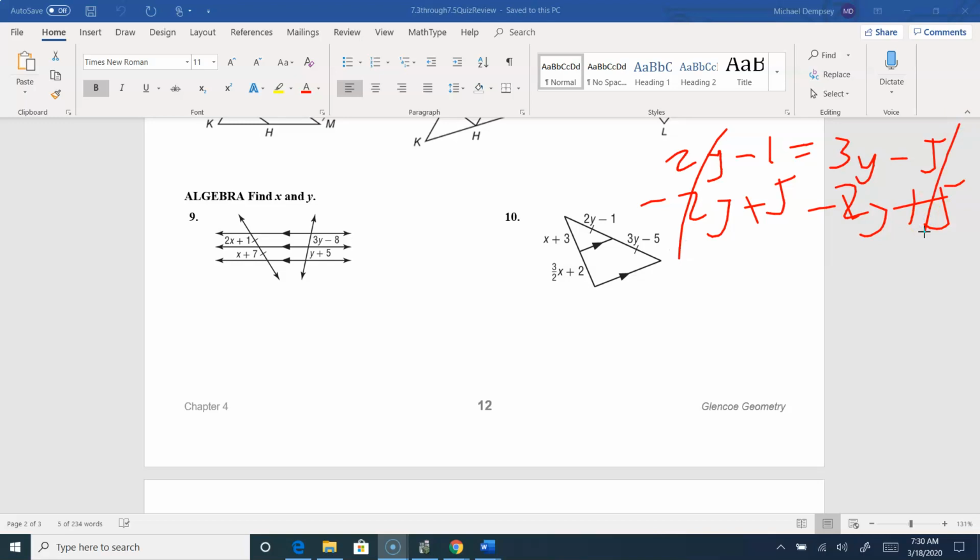So negative 1 plus 5 is a positive 4, and that just equals y. Okay, so we have y right away there. Then our second equation, we do get a fraction involved there. We're going to have x plus 3 equals 3 halves x.